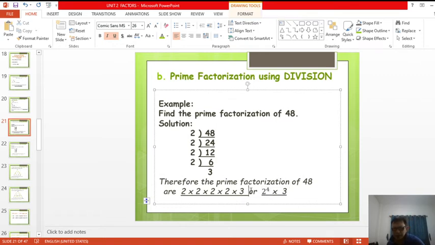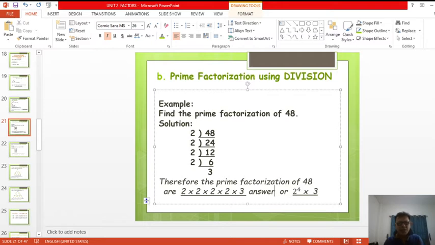To make it more exact, just write the word "answer" so that it's easy for me to identify which one is your answer. Okay, take a look at that. I hope you understand how I did it.